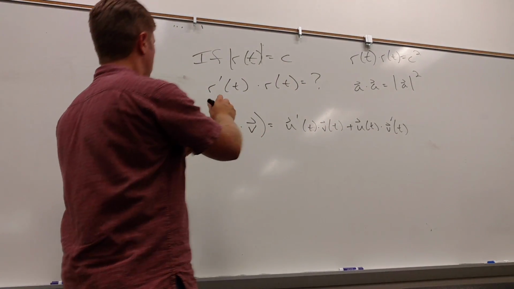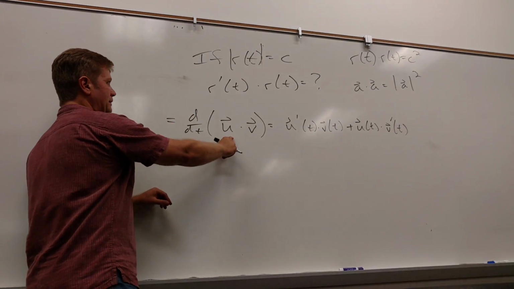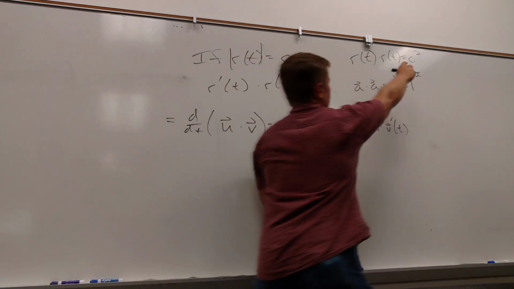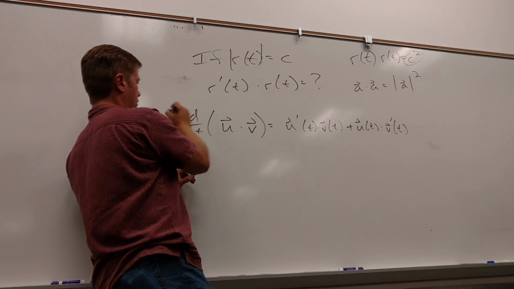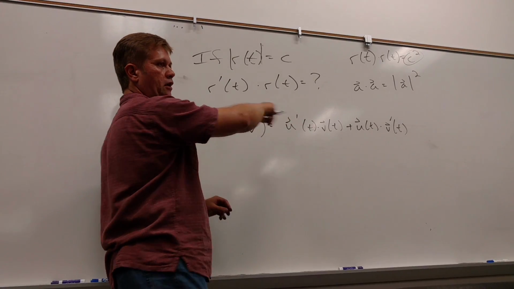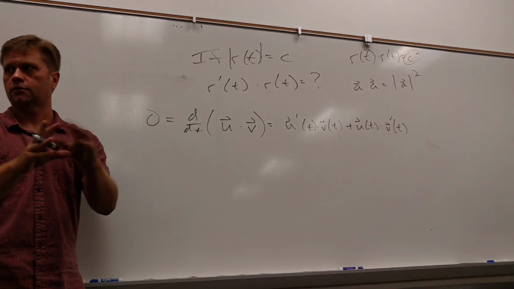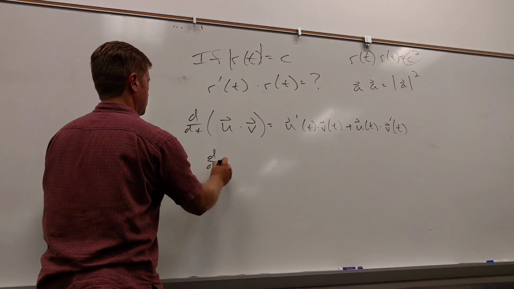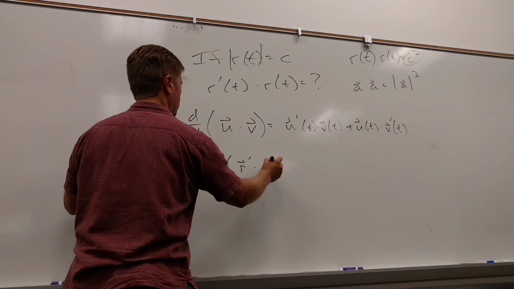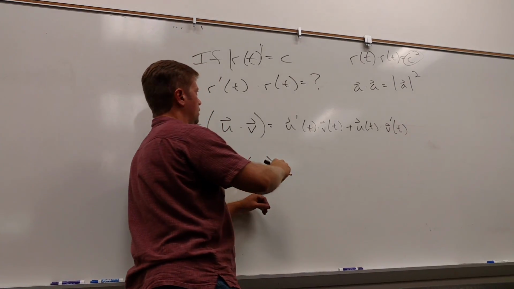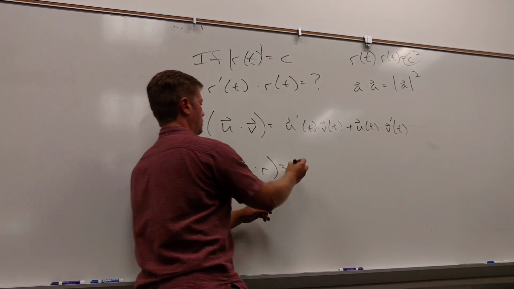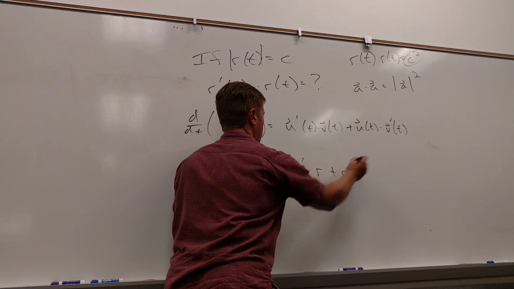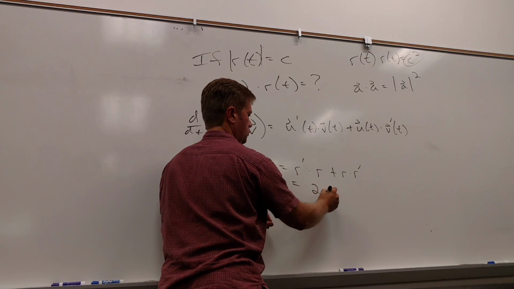Let me see where I'm going. Oh, so then I know that this must be, what's the derivative of c squared? All right, so I know this is 0, which means that over there must be... All right, let me stop right there. Sorry, this is just in general. So we got, let's say, d dt of r dot r, which is r prime dot r plus r dot r prime, which is 2 r prime dot r.